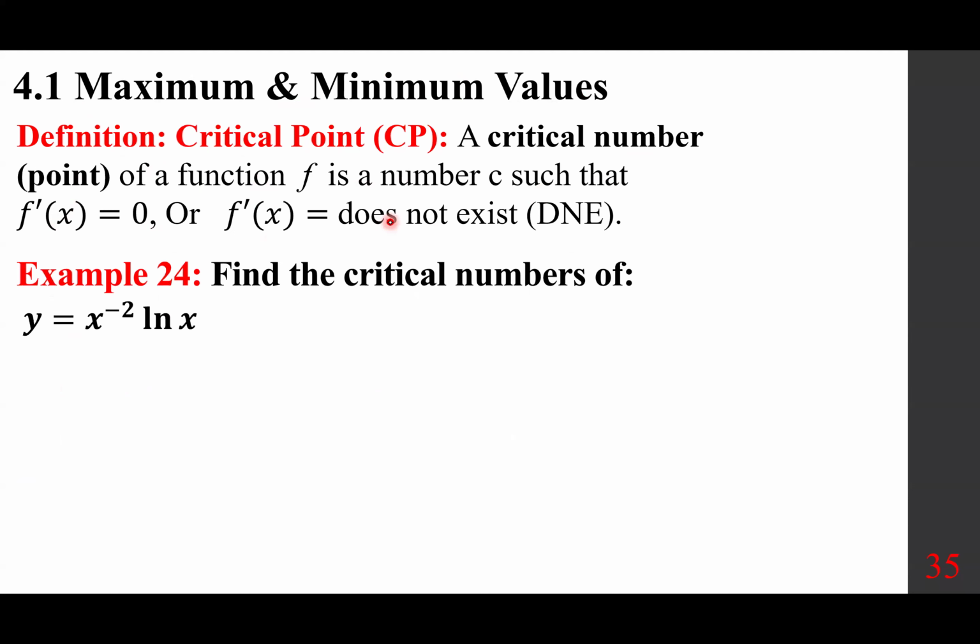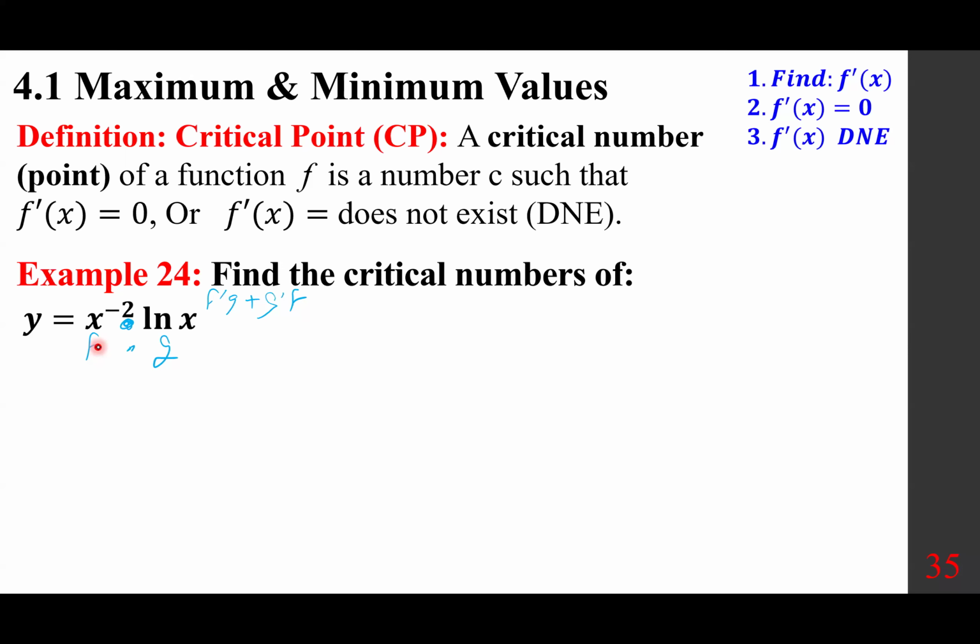So for example, let's find the critical number for y equals x to the power minus 2 times ln x. Here's the process. Number 1, find f prime of x. Well, x to the power minus 2 times ln x is f times g, and we need f prime g plus g prime f.